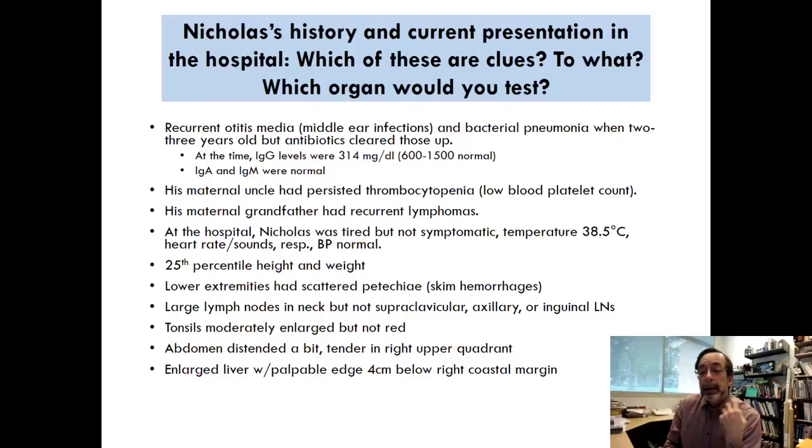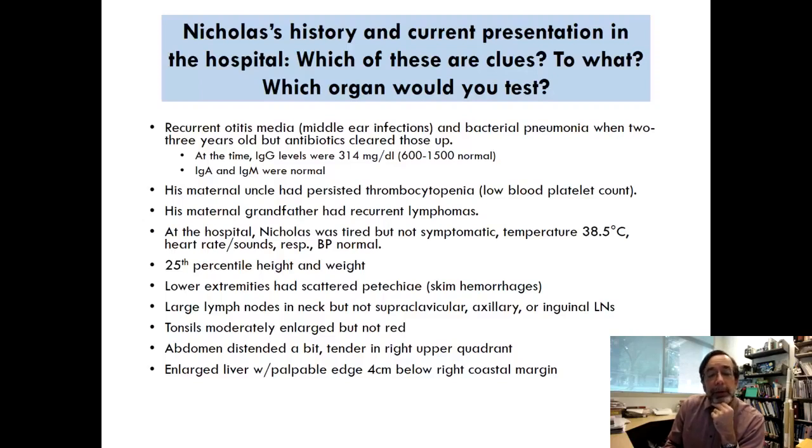At the hospital, he was still not symptomatic in any way but having a high fever. His heart rate, his heart sounds, his respiration, his BP, all normal. 25th percentile height and weight, again within the range of normal, but low. And his lower extremities had petechiae, which are skin hemorrhages.